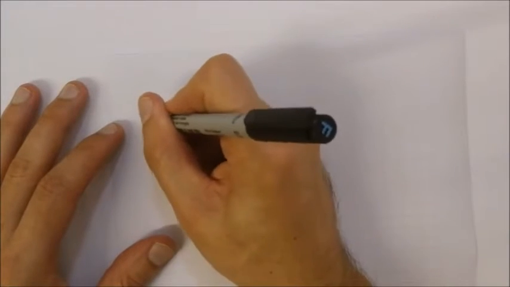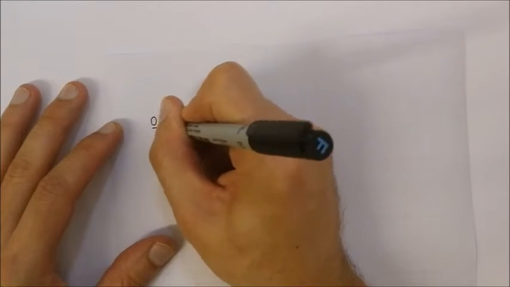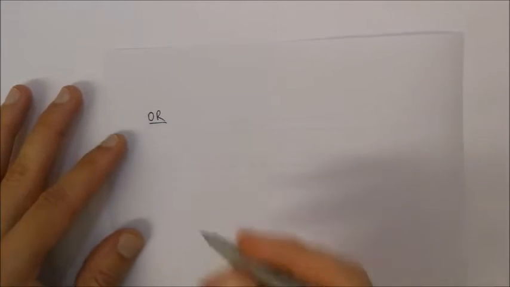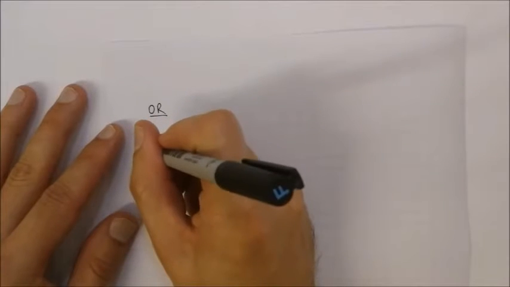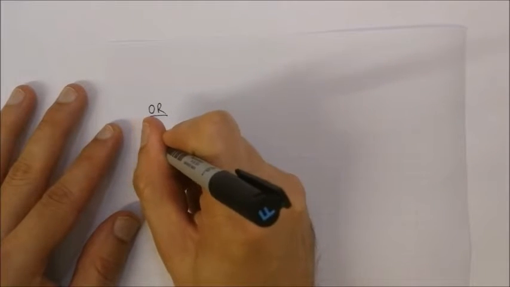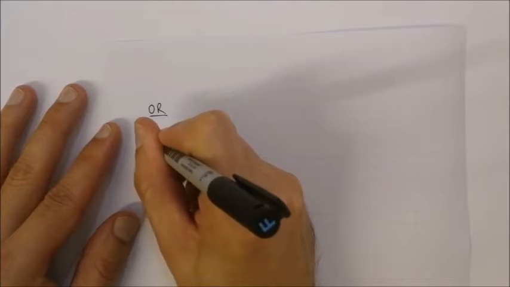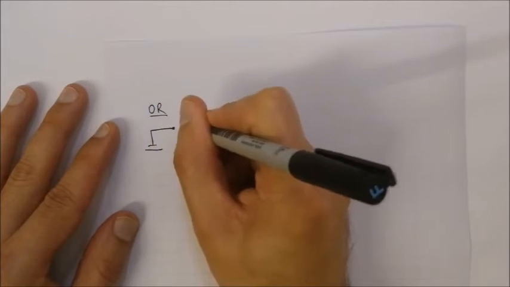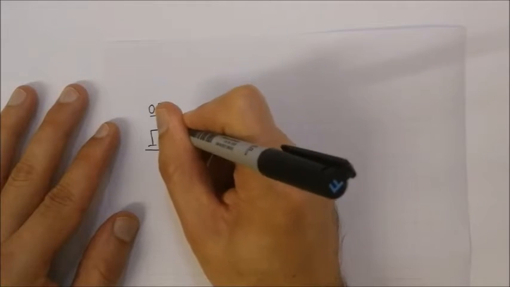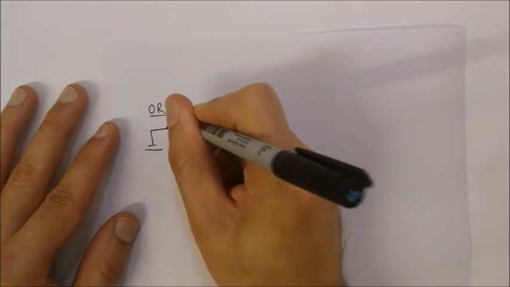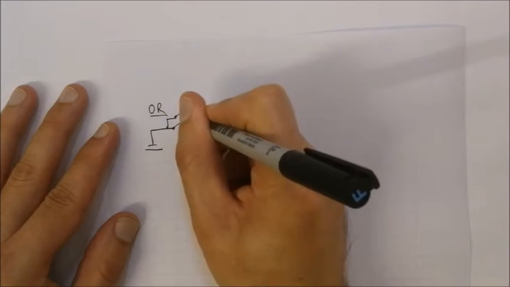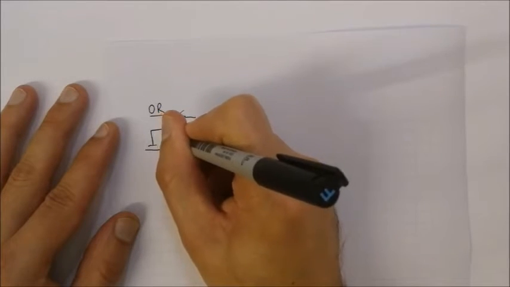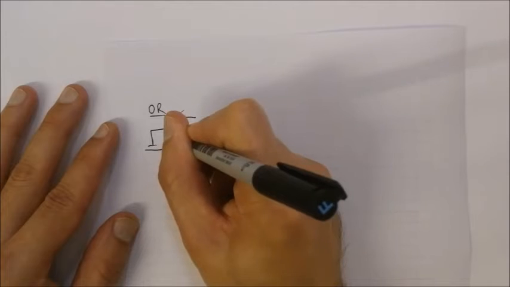Let's have a look at the next gate, which is the OR gate. Now the OR gate, you can consider as a circuit diagram in the following fashion. We've got our battery, which goes up, and then we're going to have a switch over there, but parallel to that we're going to have another switch, and parallel to that we're going to have another switch.